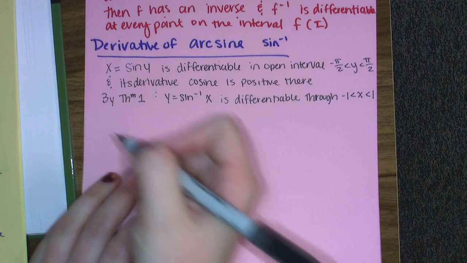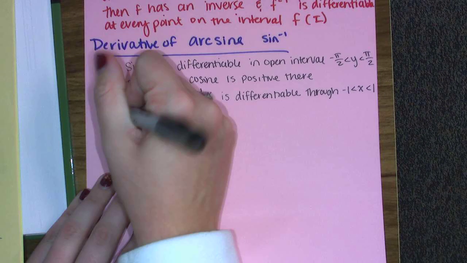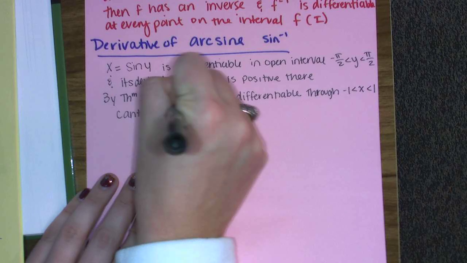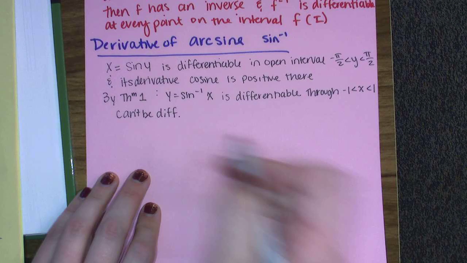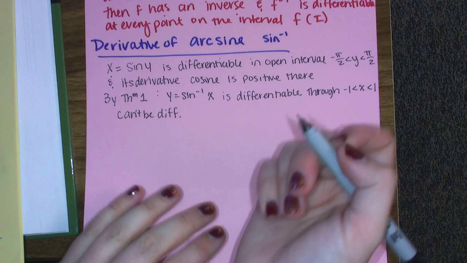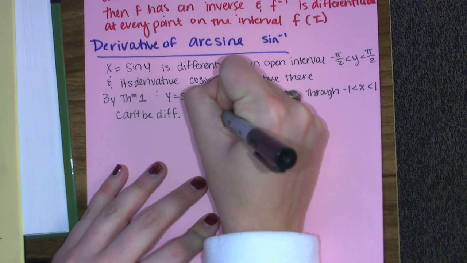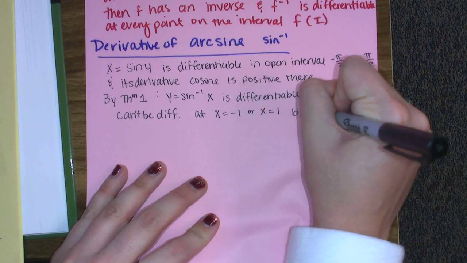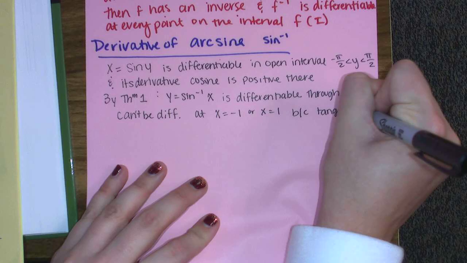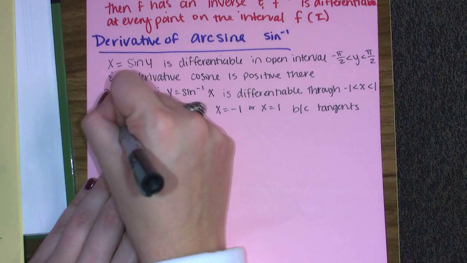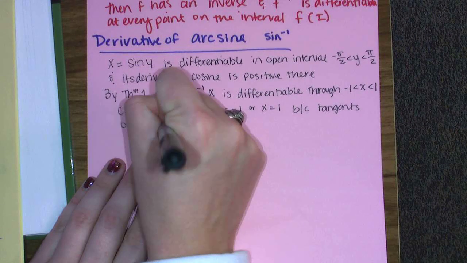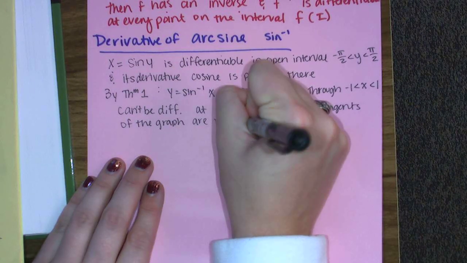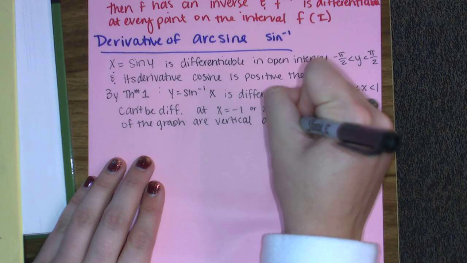But the reason we don't include -1 and 1 is that it can't be differentiable. I'm going to just write DIFF for differentiable because it takes too long to write. It's not differentiable at x equal to -1 or x equal to 1, because tangents of the graph are vertical at that point.